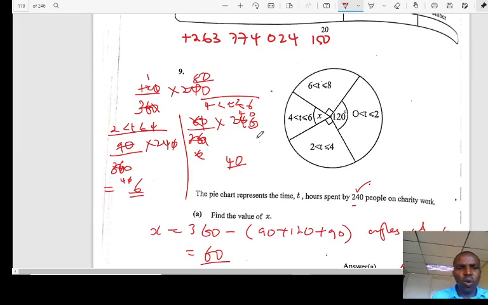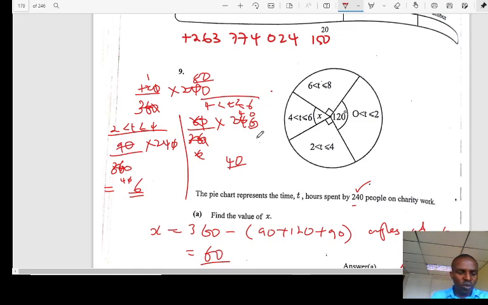Simplifying here. Oh, that one was 240, not 24. Right, 90 over 360 times the 240. 90 divided by 360, you get 0.25.